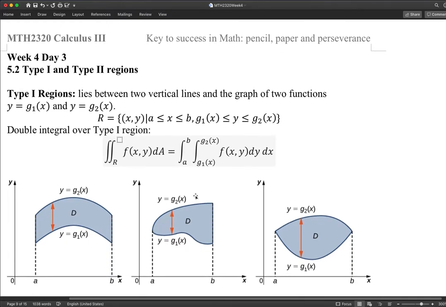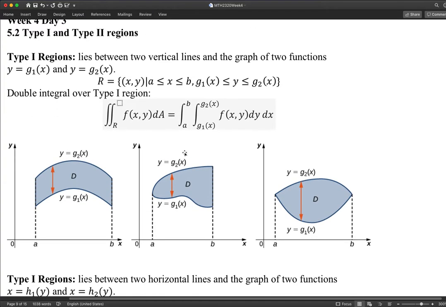And many times, we have a region which is really not a rectangle at all. So 5.2, we are working with double integrals in a general region. Specifically, there are so-called type 1 and type 2 regions. So let's take a look.